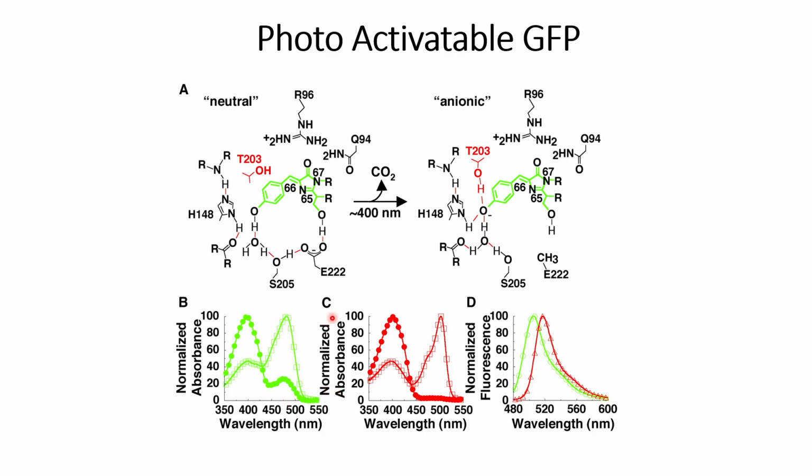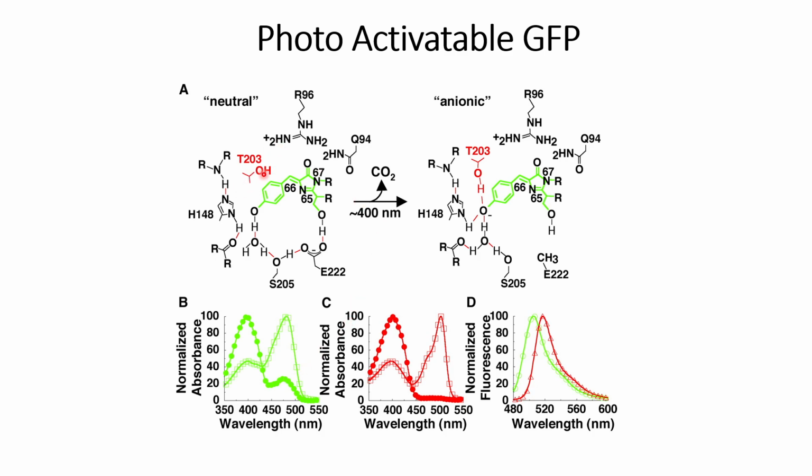Before this paper, some people had reported that if we mutate T203 with isoleucine, then we can reduce the minor absorbance signal in the case of wild type. However, this minor signal is not close to zero.